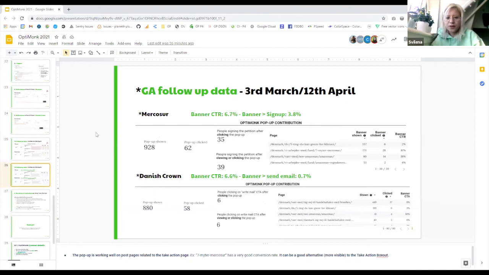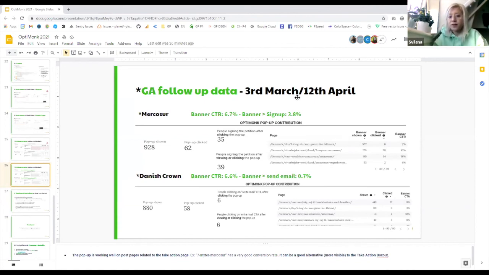And you can see the conversion rates are quite similar in terms of click-through rate, because the only thing that you can see in the pop-up analytics is actually who clicked on the pop-up, but whether they actually performed the action that you are inviting them to, you don't really see that. So you really need to have your analytics in place so that you can follow up whether this person actually signed the petition or did any of the actions, etc.